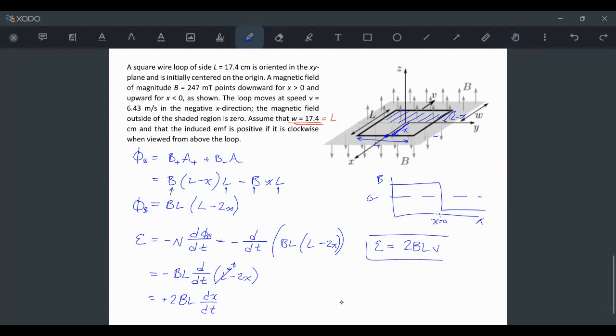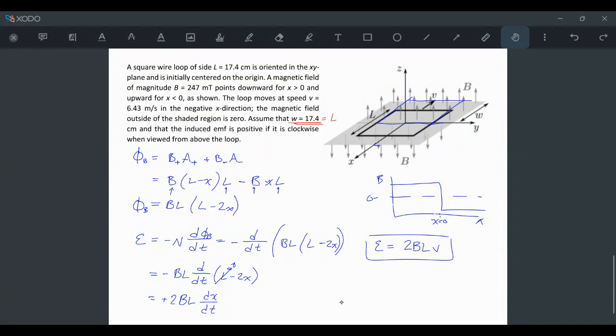So this is how we find the numeric value. What we also want to do is properly assign the direction of the current flow, which will be pushed around by this EMF. As the loop is moving backwards, the magnetic field going through the loop, or the amount of flux, is becoming more and more positive. Eventually, you could imagine a situation where the loop is back here and the entire flux is positive.